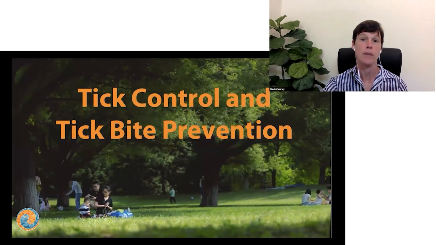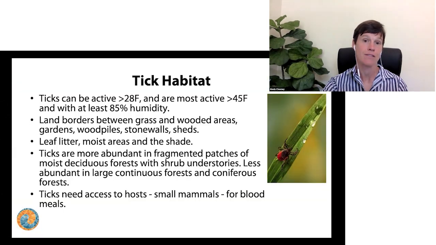All right, so we've made it through ticks and some of the tick-borne diseases, so I hope you feel more equipped on those notes. And now let's get into tick control and tick bite prevention. Understanding the tick habitat can help set us up to understand how to strategize against getting rid of ticks or protecting ourselves. Ticks can be active above 28 degrees Fahrenheit, most active above 45, and with at least 85% humidity.